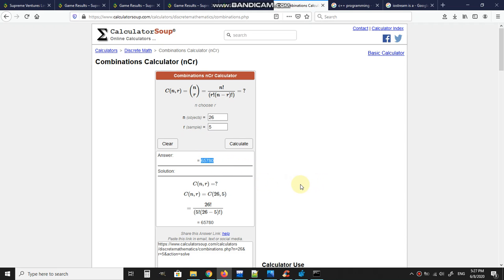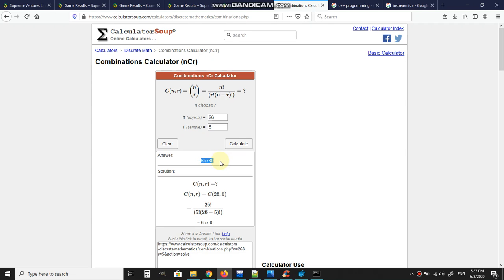So if you only chose to buy a sequence of 5 numbers just once, your chances is 1 out of 65,780.